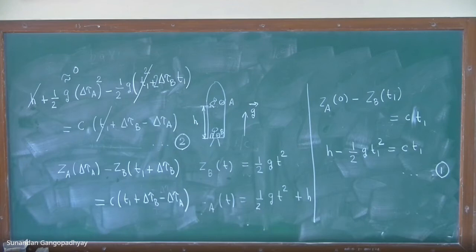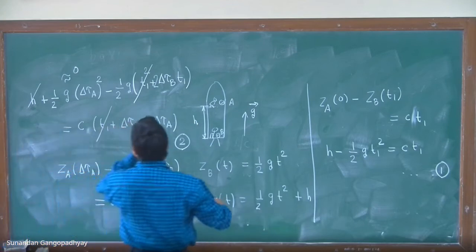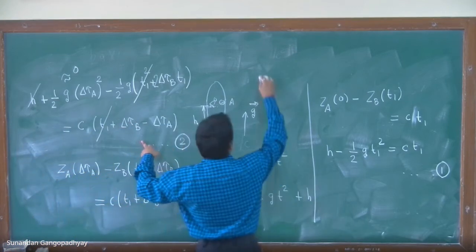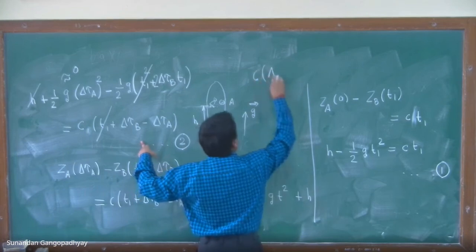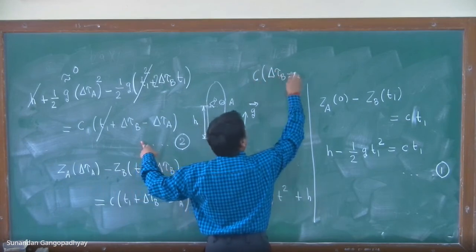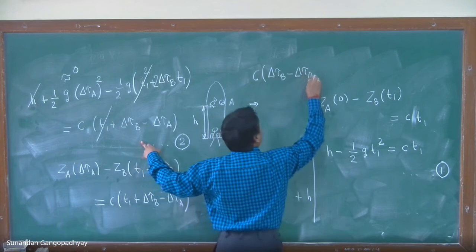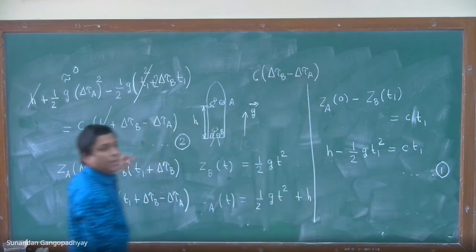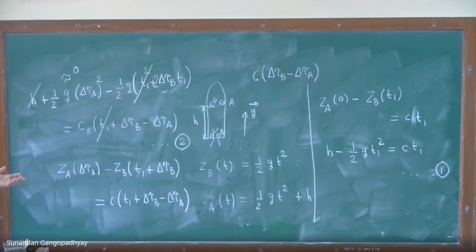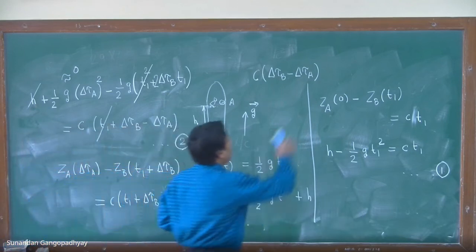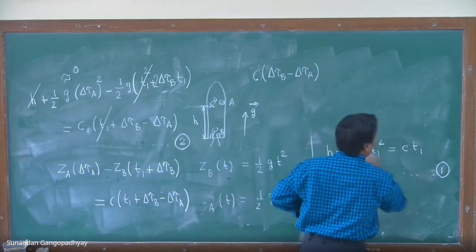And therefore, the final equation that you get is C delta tau B minus delta tau A. So actually you can see that we have not used any calculus, neither any special theory of relativity, nothing. We are just using Newtonian mechanics. No integration, no differentiation, nothing. And you will get a very nice result from here.